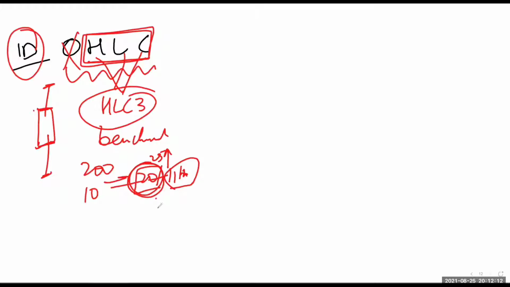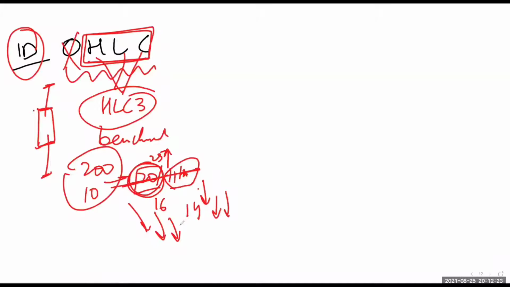If it scores 16 and then the next over scores 14, it means it is falling below the average, so the momentum is going down. So high, low, and close divided by 3 acts as a benchmark price for the stock in the next time frame. If I'm taking a daily time frame, it becomes the average price for the next day.